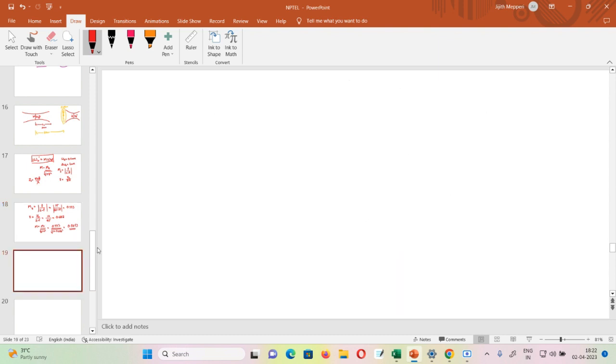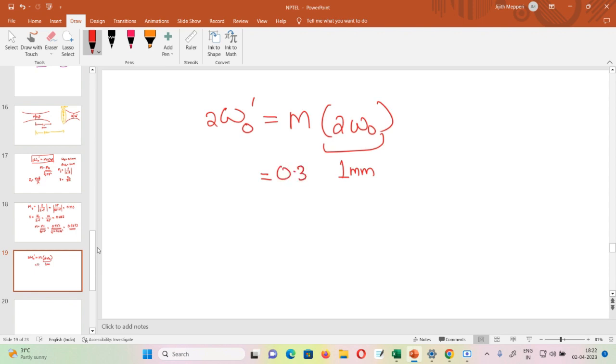Okay, now you got m. So your 2 omega naught prime will be equal to m into 2 omega naught. So you know that this 2 omega naught is equal to 1 millimeter. So into 0.3253.